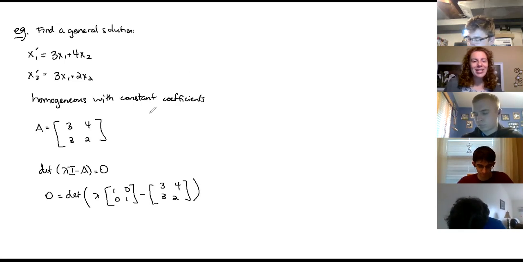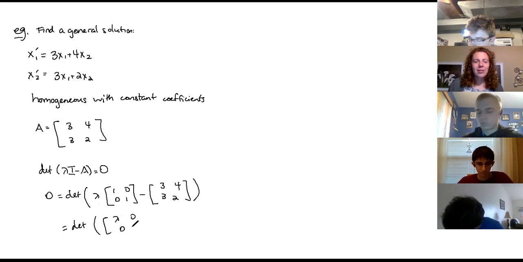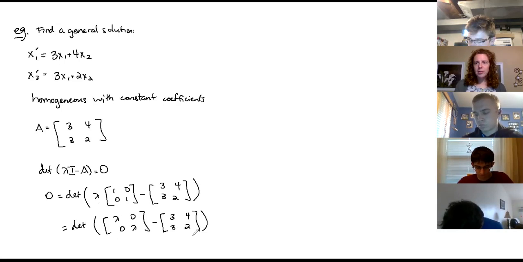So this is going to turn into the determinant of lambda 0, 0, lambda minus 3, 4, 3, 2. There's my determinant. And then we'll go up here because I'm going to run out of room.